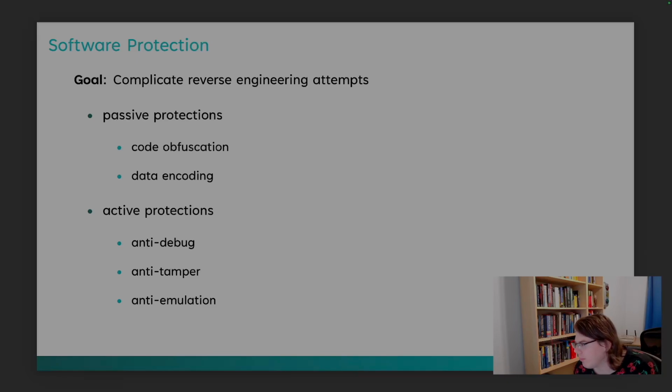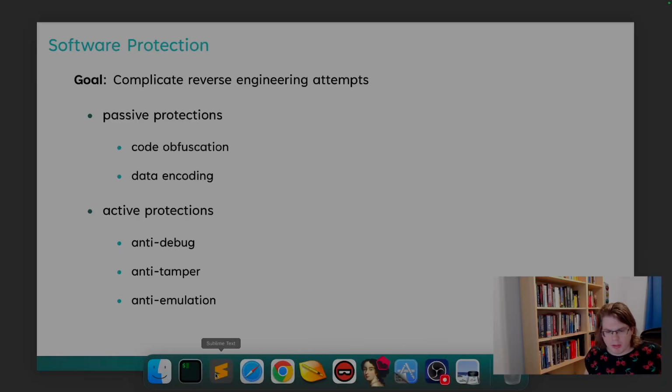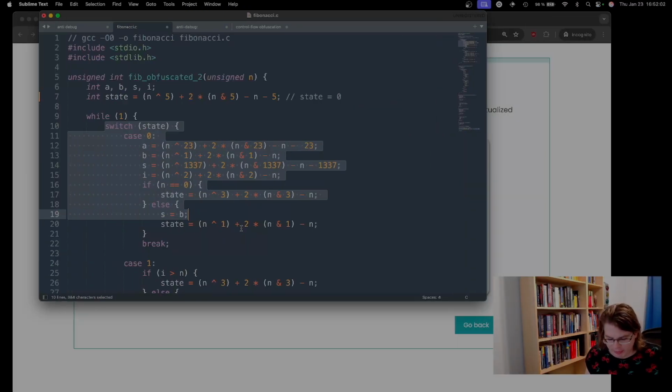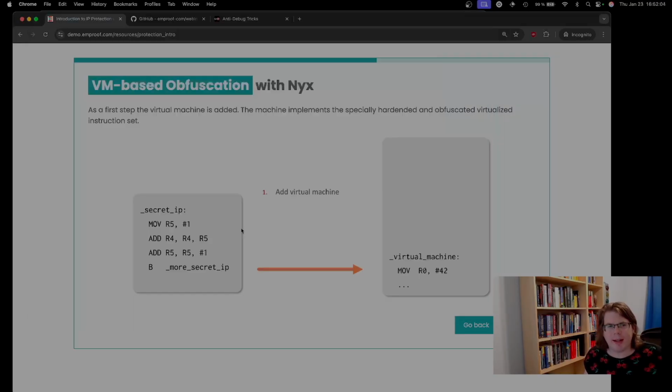Then another question: does it target a specific function or the entire binary? This is also a pretty good question. The answer is always, it depends. There's a possibility to add obfuscation to only specific functions or specific code parts.